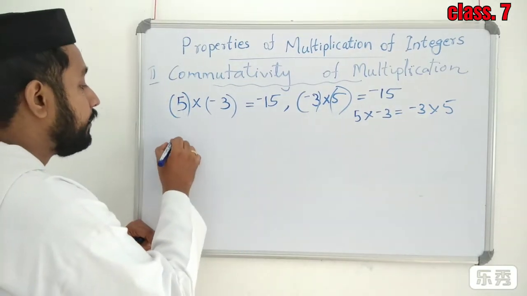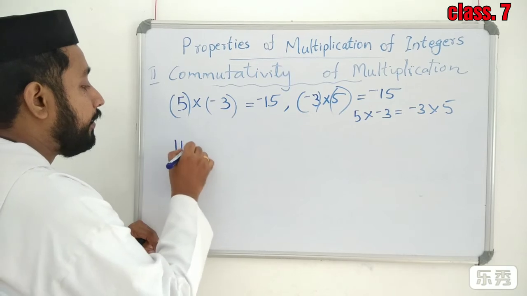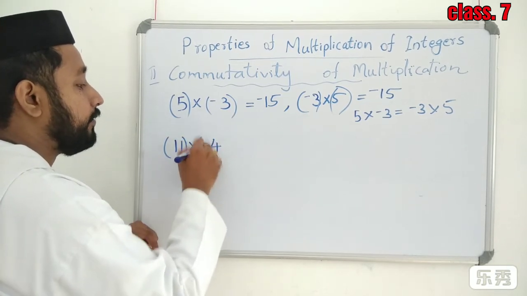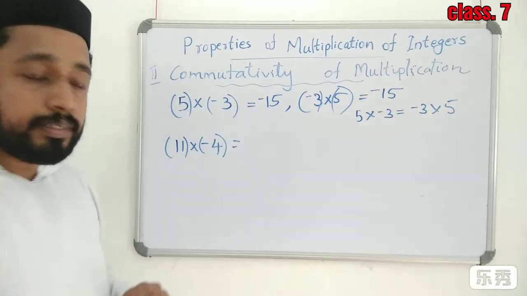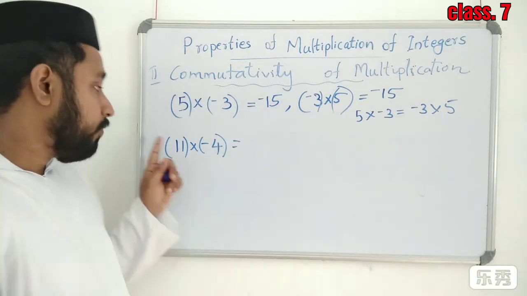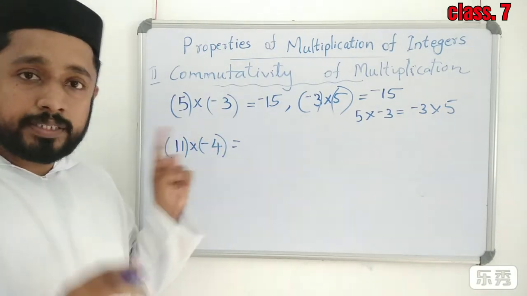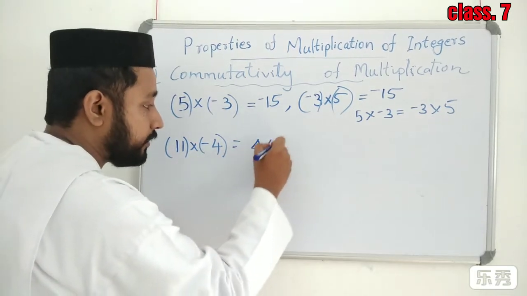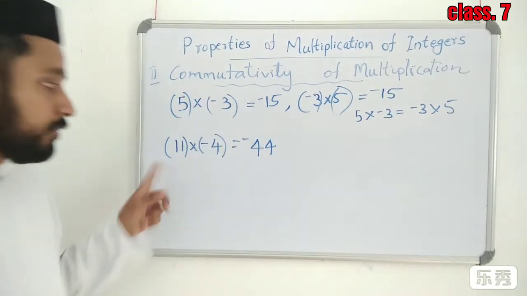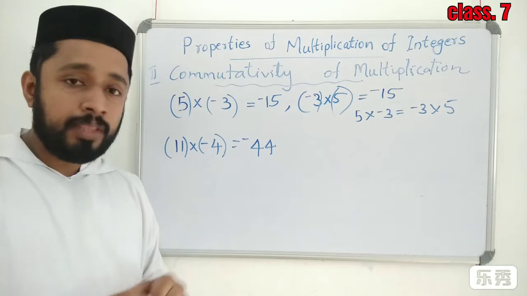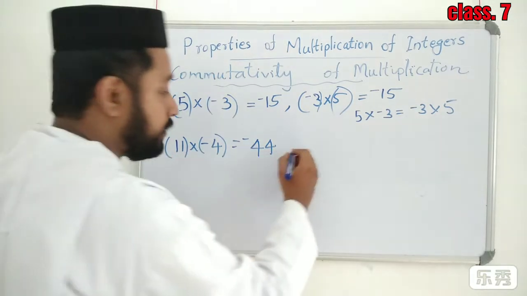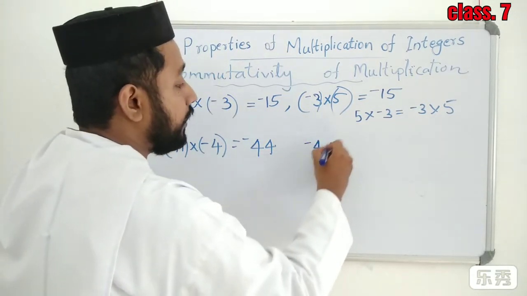Another one, 11 into minus 4. Can you say what is the answer? One positive, one negative, answer is negative. 11 into 4, 44. So 11 into minus 4 is equal to minus 44. Now I am going to change the order, which means minus 4 first, then 11.